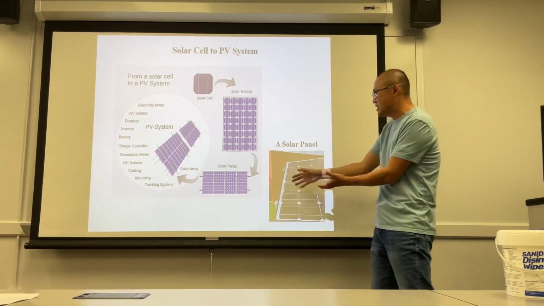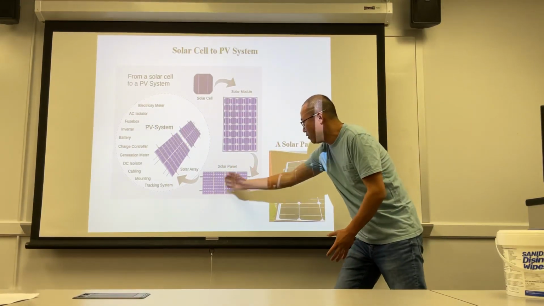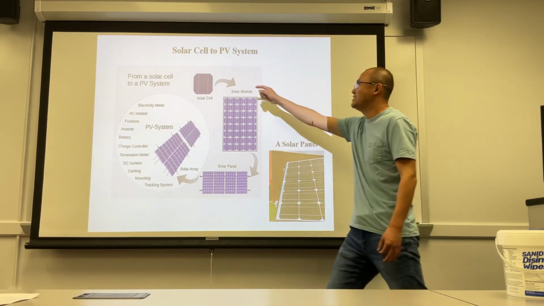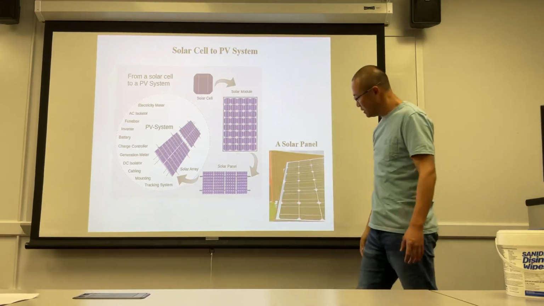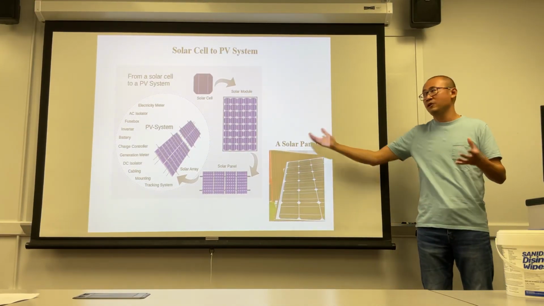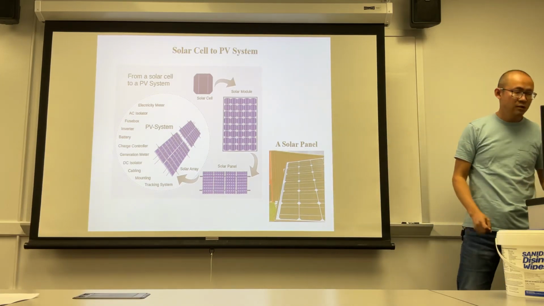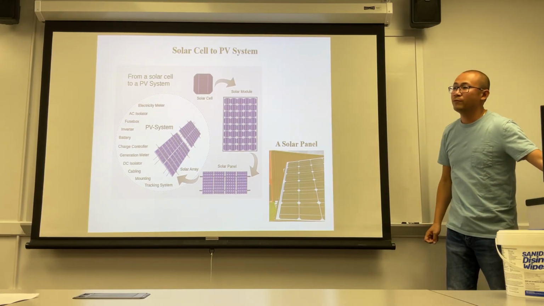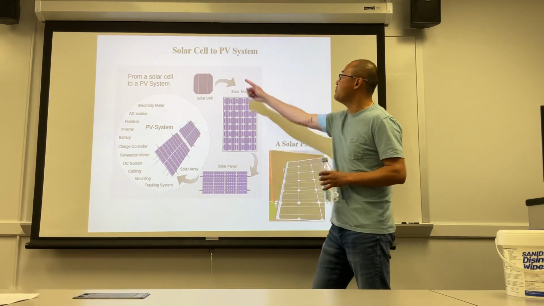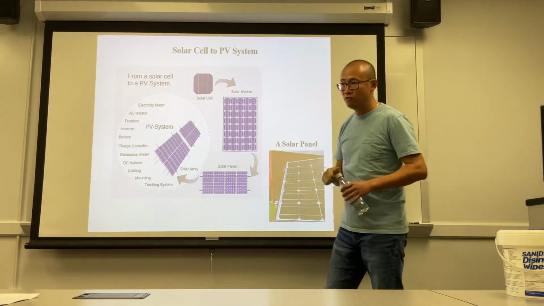The modules are stacked or aligned in parallel to get a panel. The principle there is the same, no matter small or big. This is again what a solar panel looks like. No matter small or big, they're composed of small photovoltaic cells. We call that a PV cell. You will see PV a lot. PV stands for what? Photovoltaic cell.